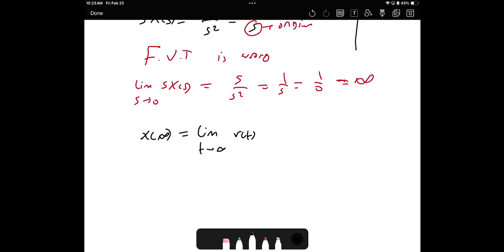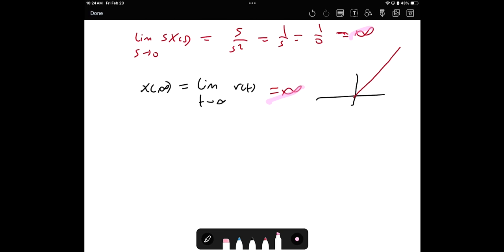R of t is a function that, as time goes to infinity, will be infinity. So even though both answers go to infinity, the final value theorem shouldn't be applied here. In general, whenever you see something like this, the final value theorem will not be applied.